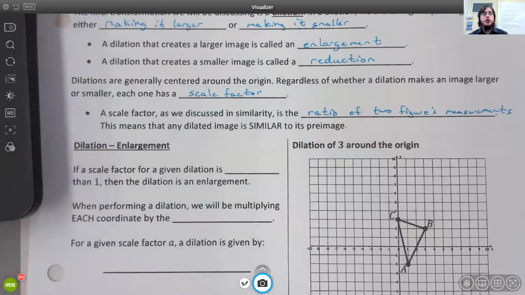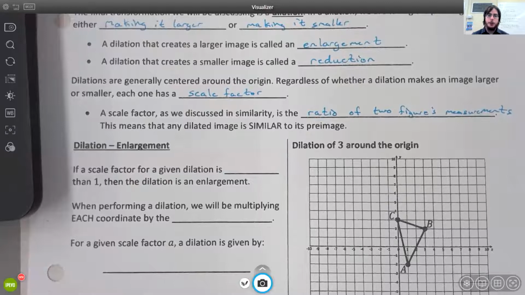If two figures have a scale factor, a ratio that matches up with every single measurement, then the dilated image will always be similar to its pre-image, whether it's bigger or smaller than its pre-image.